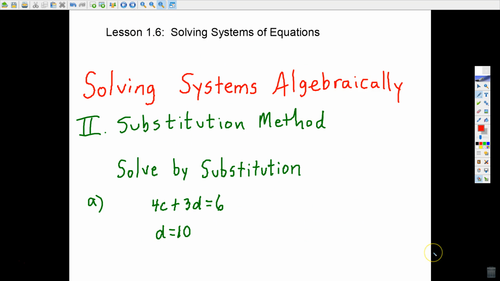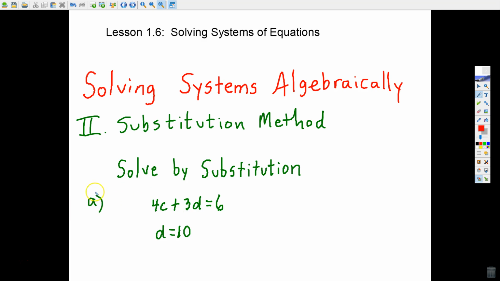Now let's look at solving algebraically. And that's going to involve, first of all, substitution. Substitution says this. Solve for a variable in these systems that you're dealing with. They're all 2 variable systems. Well, substitution says solve for one of the variables in one of the equations and then replace that variable in the other equation.